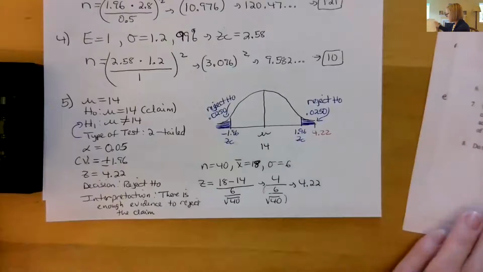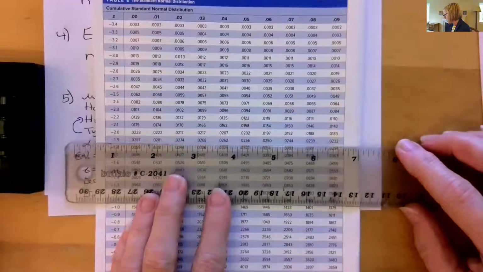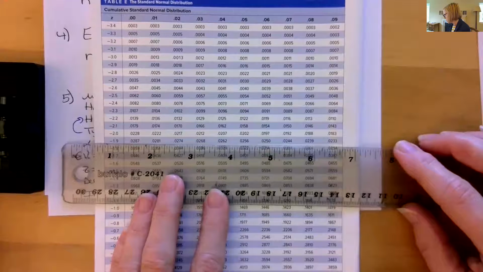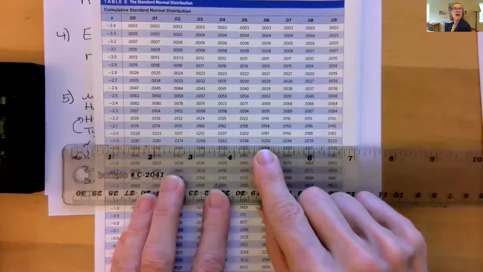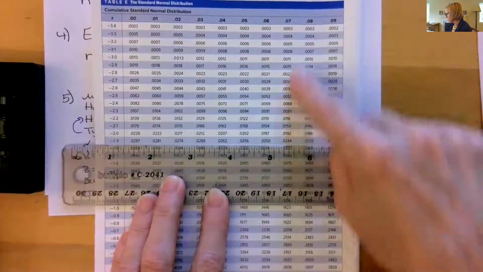I'm looking in the area for 0.025 on the negative Z side. And there happens to be an exact match. There isn't always, but there's an exact match at 0.0250 right here. And so that's at negative 1.96 for the critical value of Z.